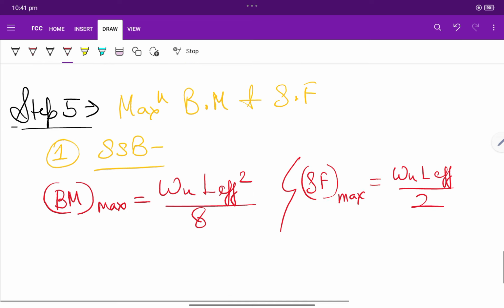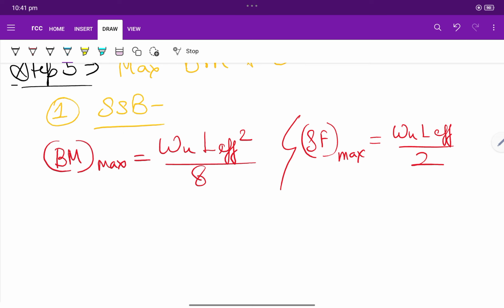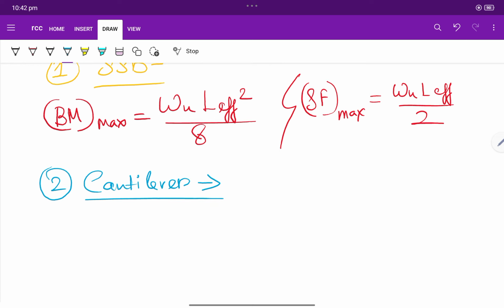Next, having seen the simply supported beam, we see the cantilever. We have done this in strength of materials. For a cantilever, the maximum bending moment is WL square by 2.